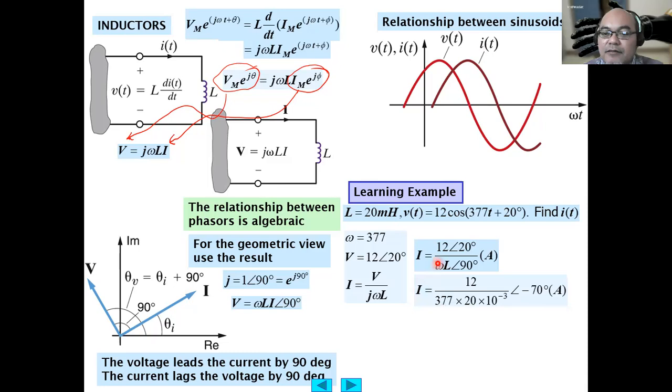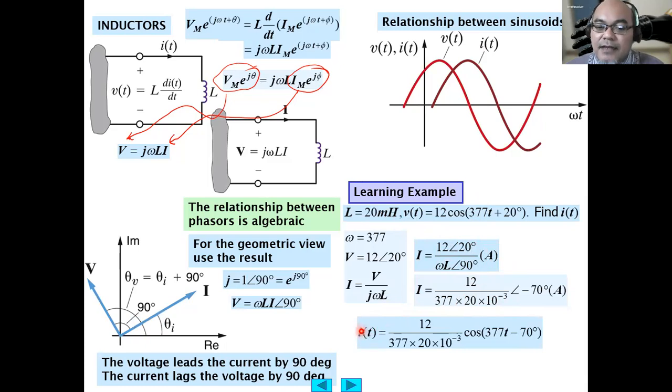So the current will be 12 divided by omega, which is 377, multiplied by 20 millihenry, and the phase angle becomes 20 degrees minus 90 degrees. The phase angle in the denominator becomes negative. This is from complex algebra, if you want to derive it in more detail.